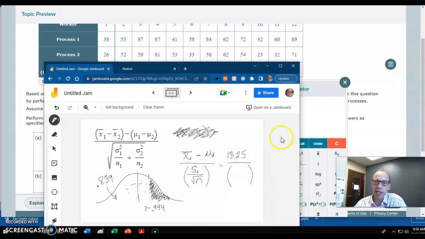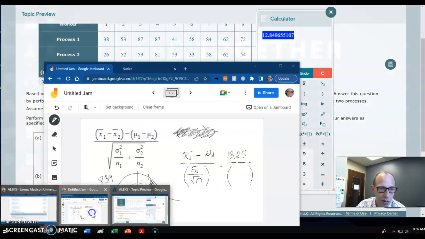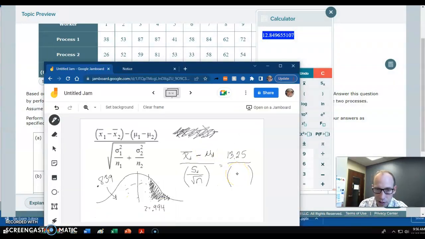And then our sample standard deviation, we can do something similar on the calculator. We just get our sample standard deviation button and send the difference to our calculator, press enter, and you can see here we get 12.850, and we'll put that in here. 12.850, all divided by the square root of our sample size, which is 12. So this is going to give us our t statistic.